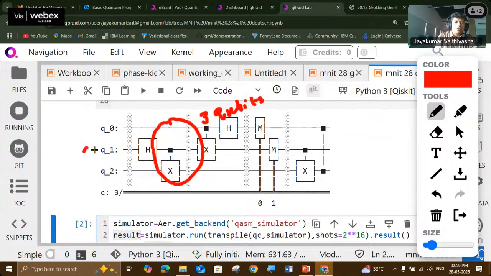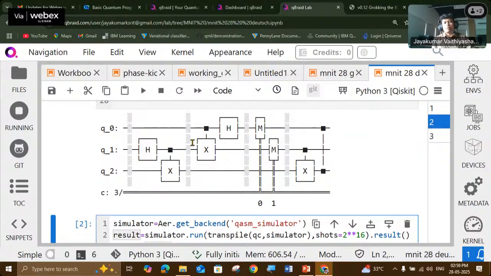So Q1 is control, Q0 and Q2 will act like target. Are you able to understand? Any doubts?